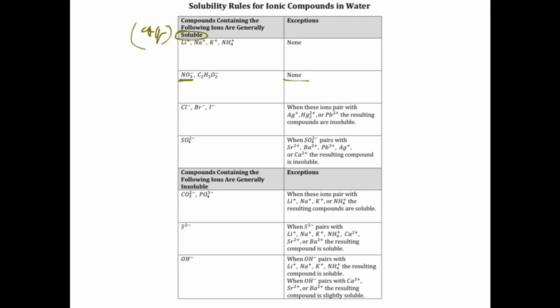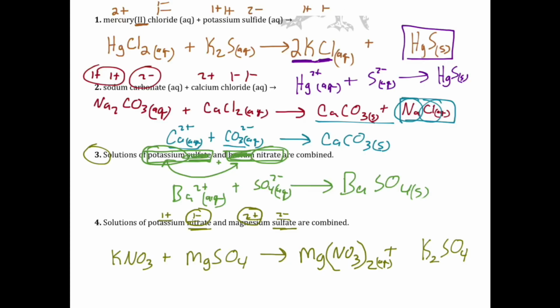Notice how potassium here is soluble as well with no exceptions. Both of these products happen to be aqueous. Because there is no solid being produced, this is not a precipitation reaction. There is no net ionic equation because both products are aqueous.